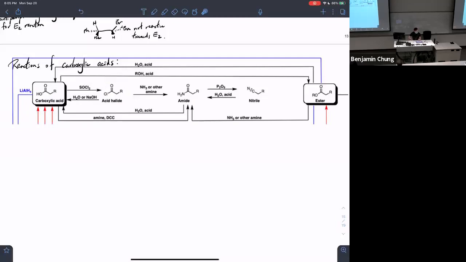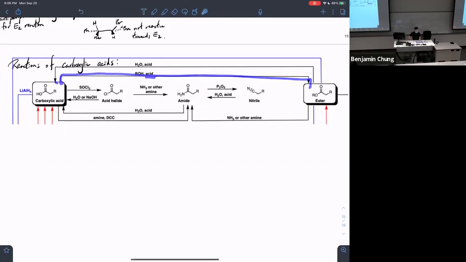Hydrolysis of the amide also gives you back the carboxylic acid. And then with an amide, you can dehydrate it to give you a nitrile, or you can hydrolyze it to give you back the acid. And then finally, you can generate an ester from a carboxylic acid by reacting it with an alcohol in the presence of an acid.